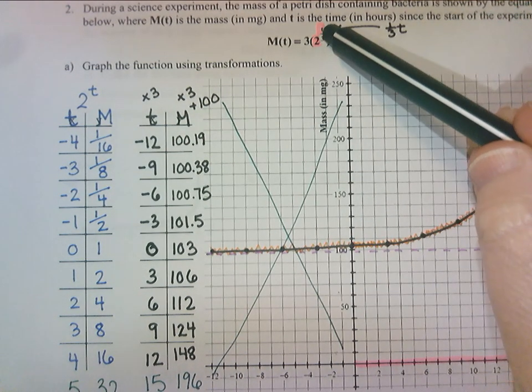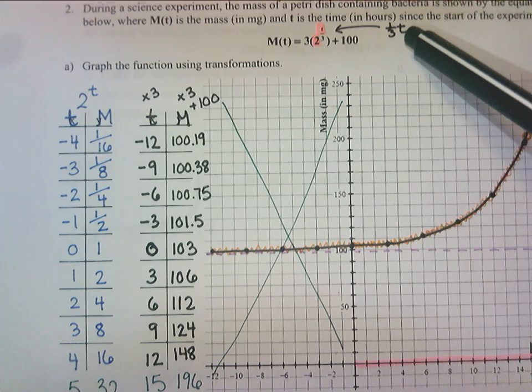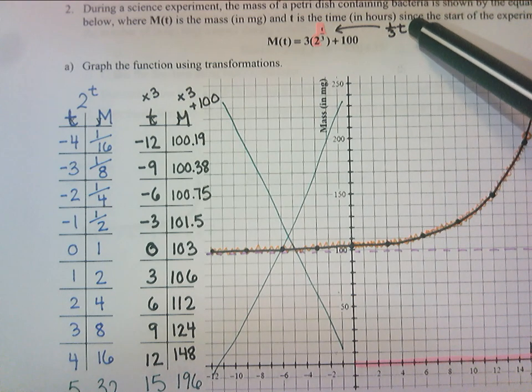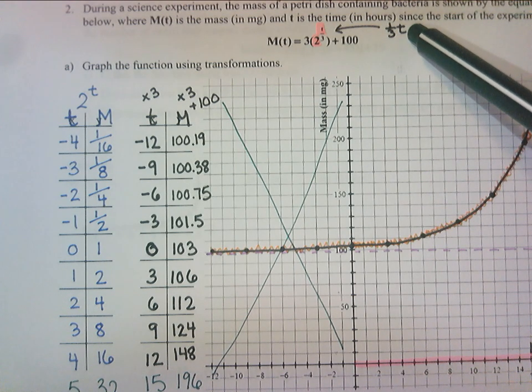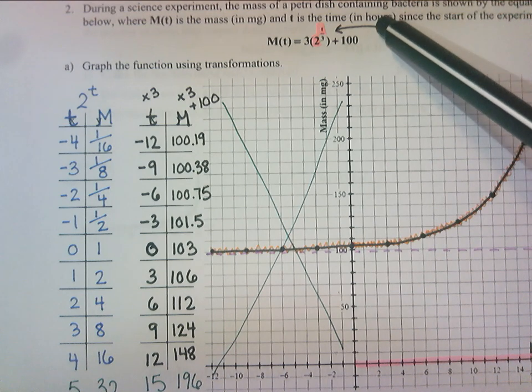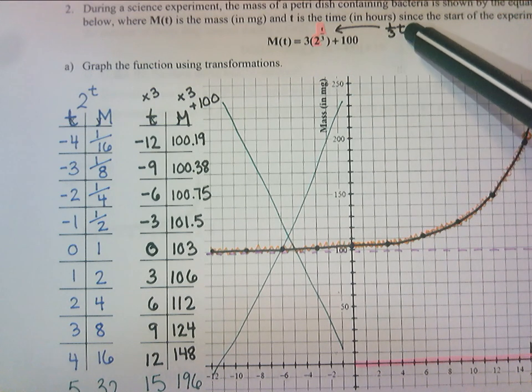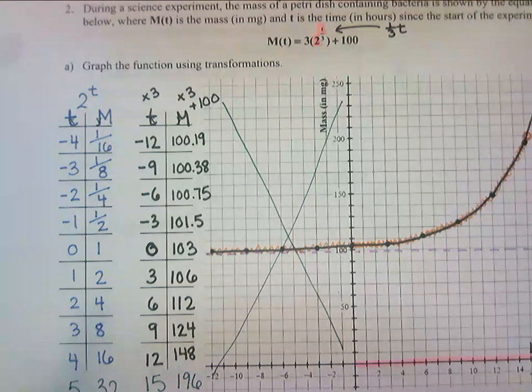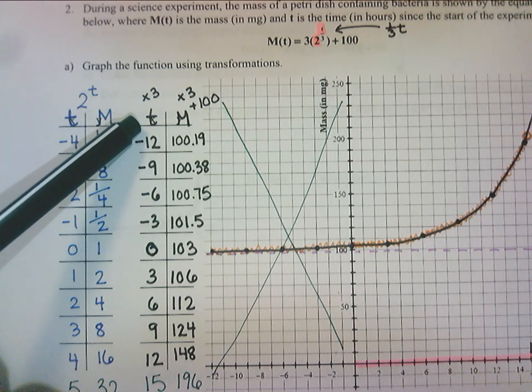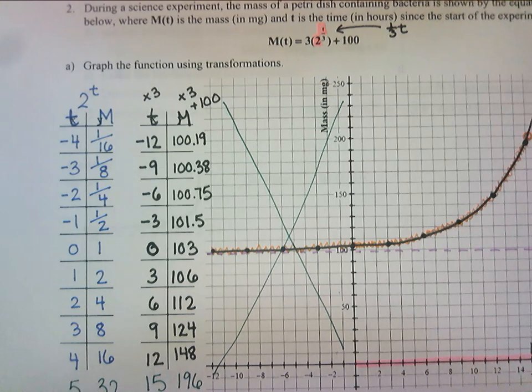This 3 in the denominator under the t, I could write t over 3 as 1/3 t. That 1/3 looks like a compression, but it's actually a stretch when it's inside the exponent. So that is a horizontal stretch of 3. So to my x's, or in this case t, I multiplied by 3.